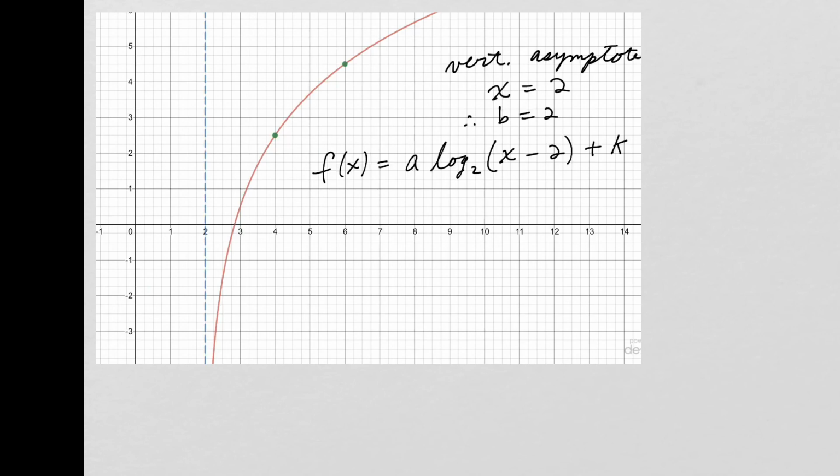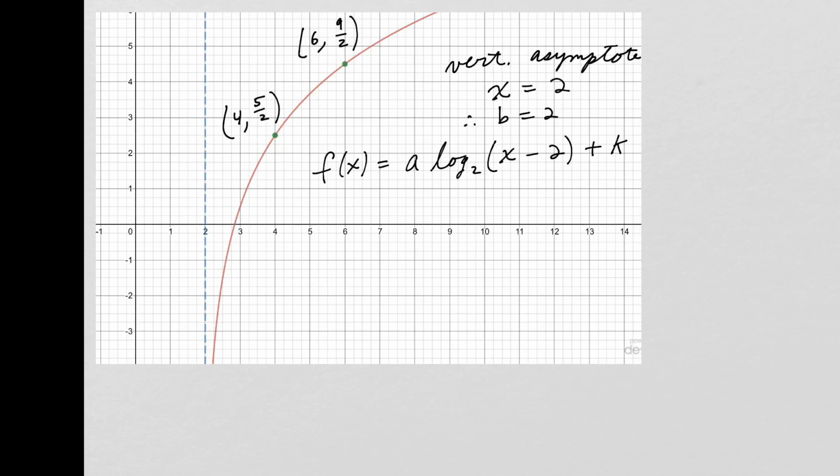One of them is definitely the point 4, comma 2.5, or you could call this 5 halves. And then this point is 6, and it looks like it's 4.5, and the exact value is 9 halves, or 4.5. Either way, I'll just keep it as fractions. So 4 comma 5 halves and 6 comma 9 halves. Those are the 2 points I know that the graph is passing through.